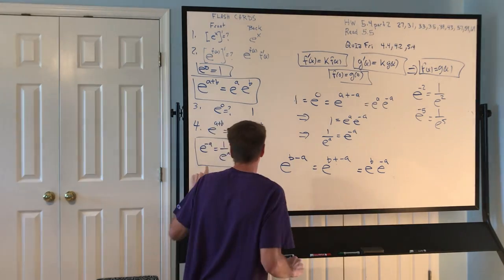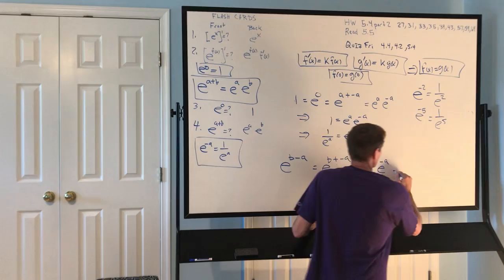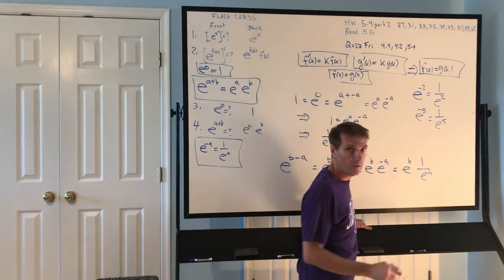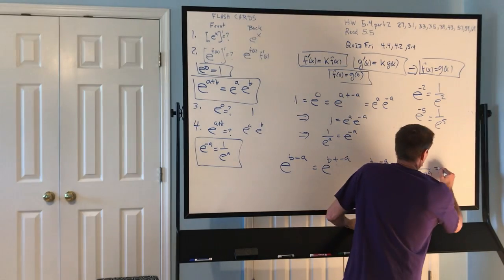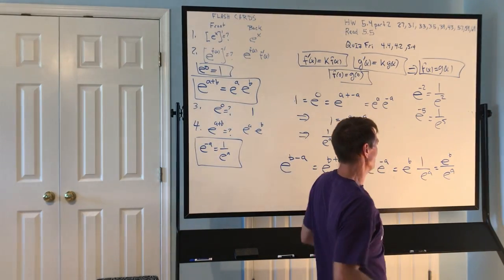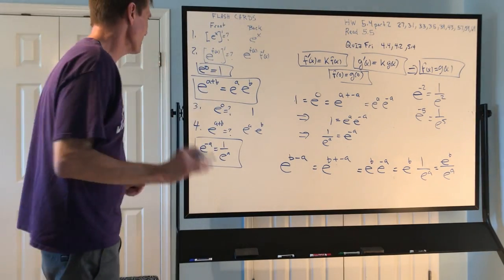But we just showed over here e to the minus a is the same thing as 1 over e to the a. So this is e to the b times 1 over e to the a, which is equal to e to the b over e to the a. And we're going to make that a flashcard.